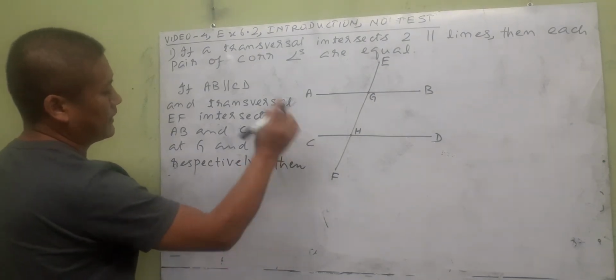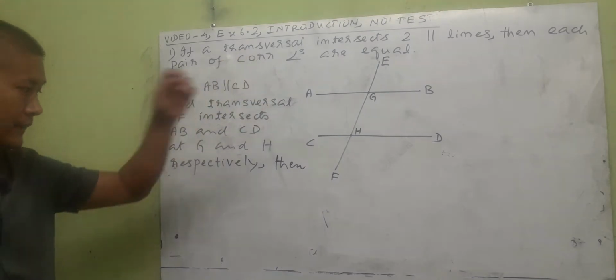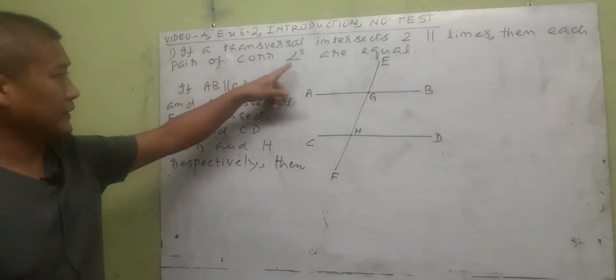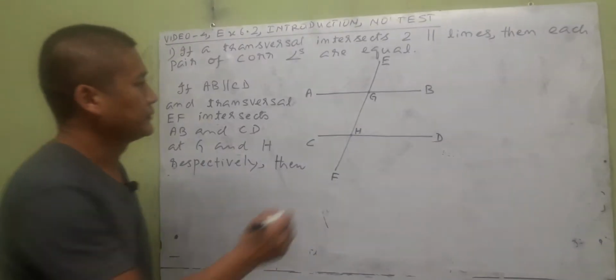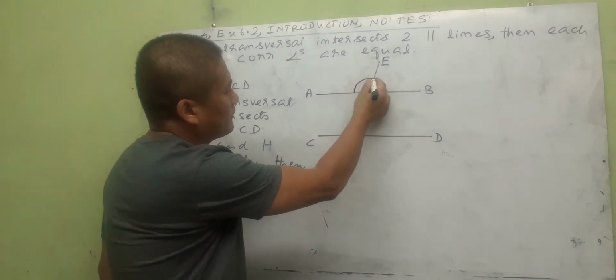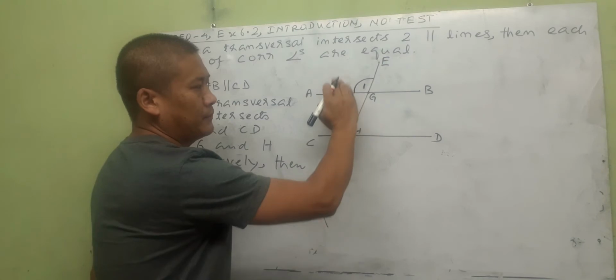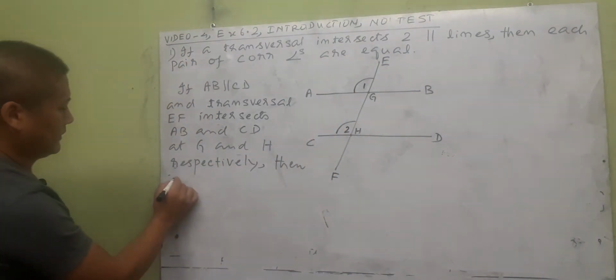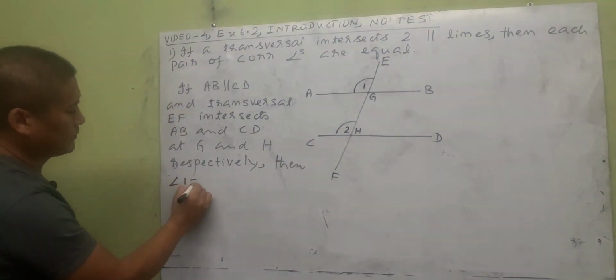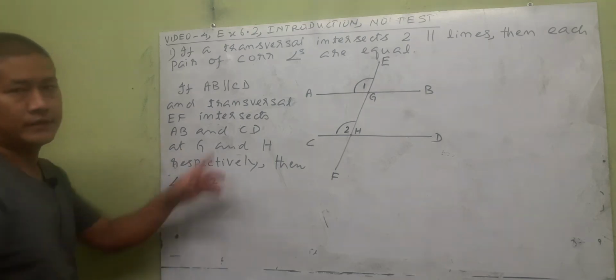If this is the case, then this theorem is saying that a pair of corresponding angles are equal. This angle here above and this one are called corresponding, on the same side and above the parallel lines. So the corresponding pair 1 and 2 are equal. That's what it is saying.